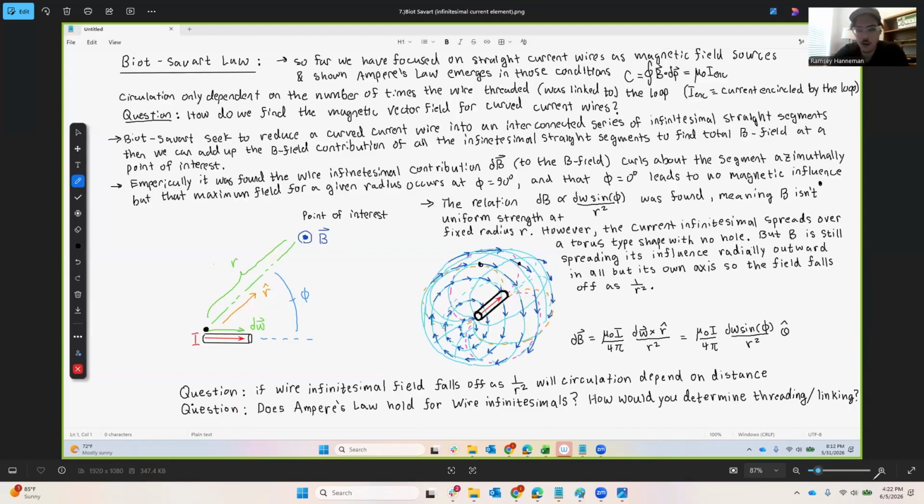It'd be nice. That'd save a lot of time. But let's think about Ampere's law and what it says, and you tell me if you think this little wire element is going to obey Ampere's law. I think no. Why not? It has to do with the current.